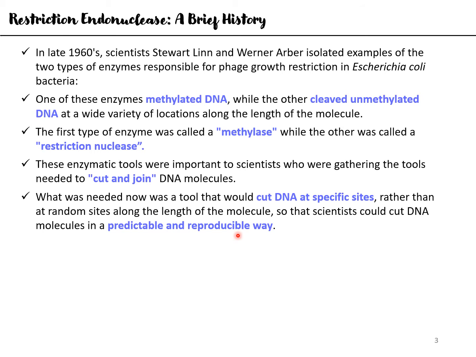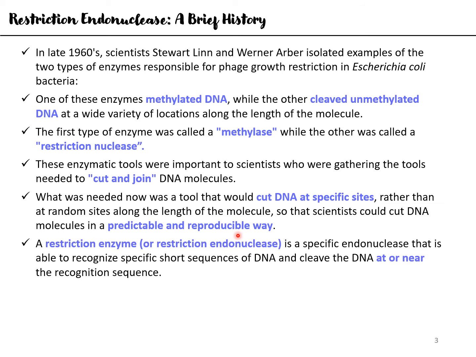But if it is sequence specific, then it becomes predictable. You can then design: if I have such and such a sequence, this enzyme can go and cleave over there. So a restriction enzyme or restriction endonuclease is a specific endonuclease that is able to recognize specific short sequences of DNA and cleave the DNA either at or near the recognition site.